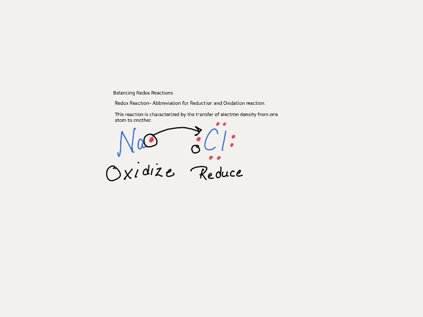So because one is oxidizing, that we see here, and the other is reducing, that we see here, when you have a chemical reaction that involves sodium plus chlorine produces 2 NaCl, sodium chloride, then we characterize this reaction as a redox reaction.